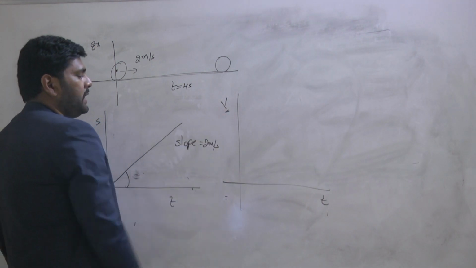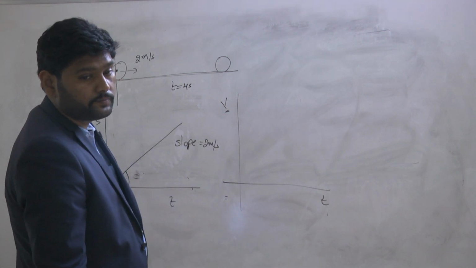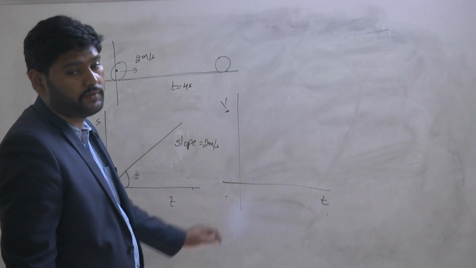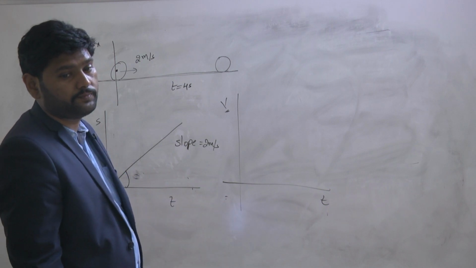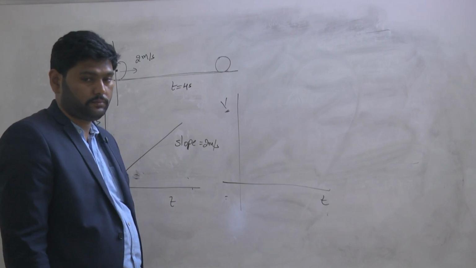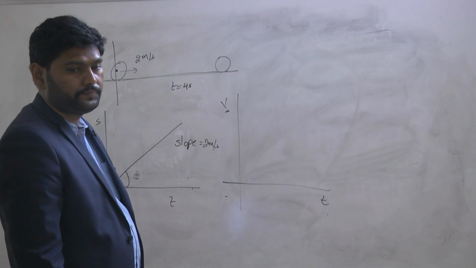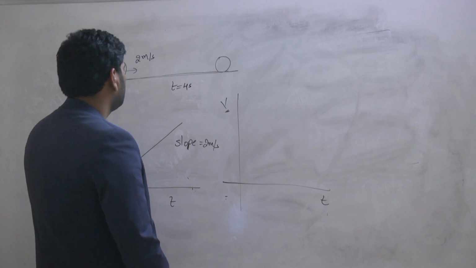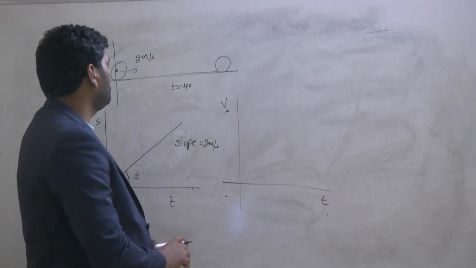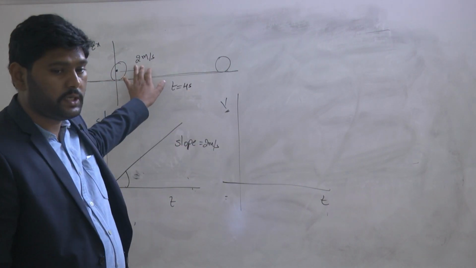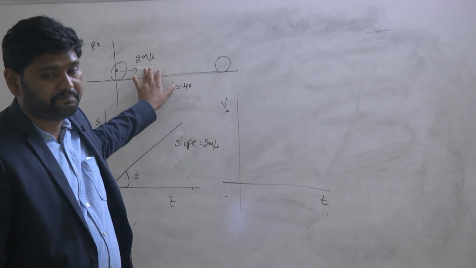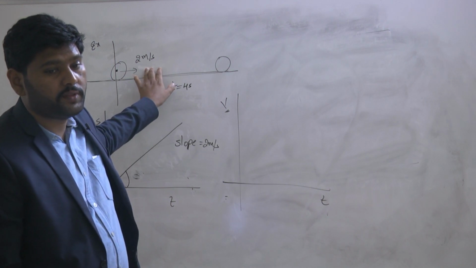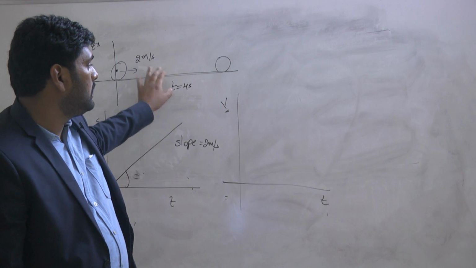Same way for the speed versus time graph for the same situation. The object is moving with uniform speed.